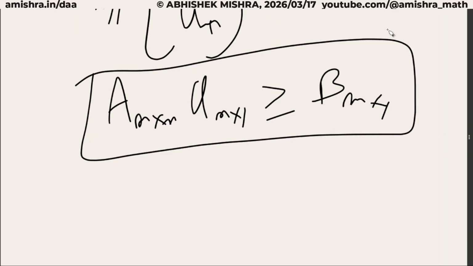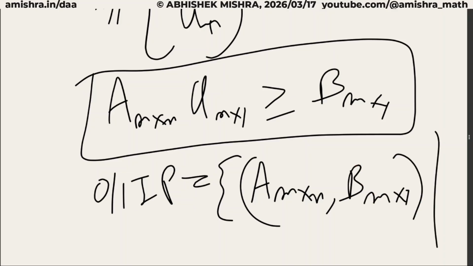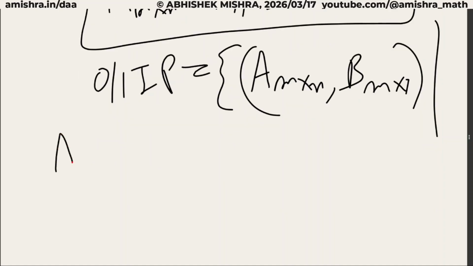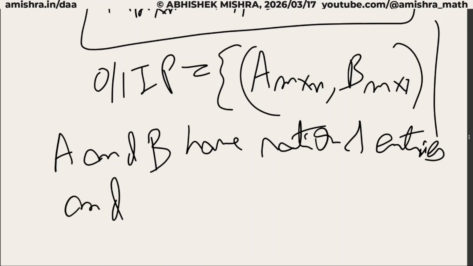So we can make this a language, call it 0-1 IP. In short, I will write it is equal to the set of all pairs A, m cross n, B, m cross 1, such that A and B have rational entries and the inequality is satisfied.